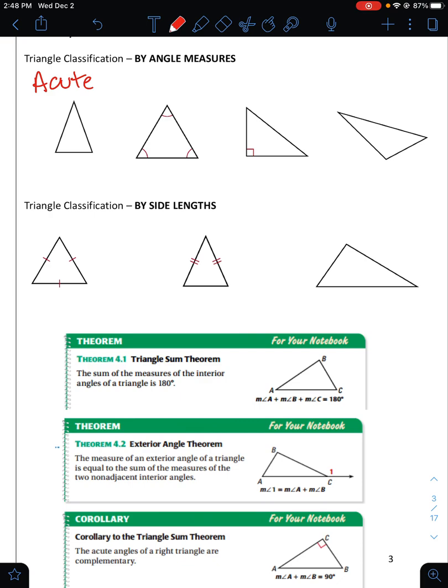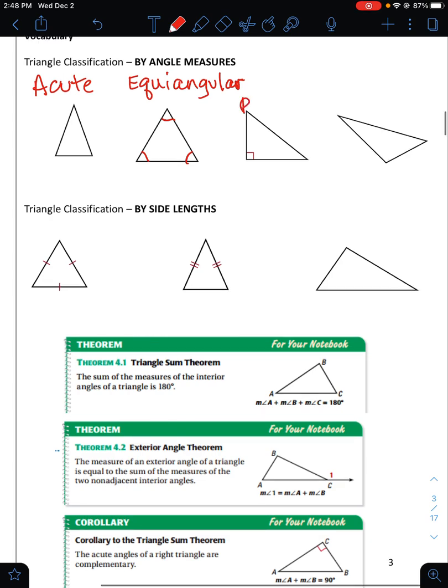The second one that has these three arcs on it is called equiangular. E-Q-U-I-A-N-G-U-L-A-R, equiangular. This one, the third one over, I'm sure you're familiar with. It is a right triangle. It's got one right angle. And the last one is obtuse.